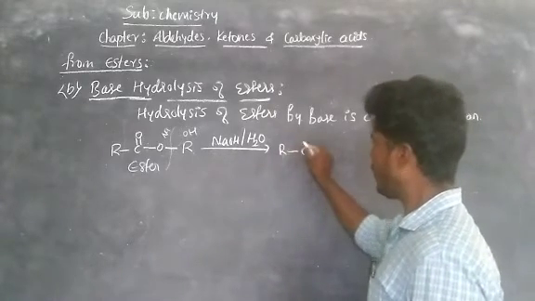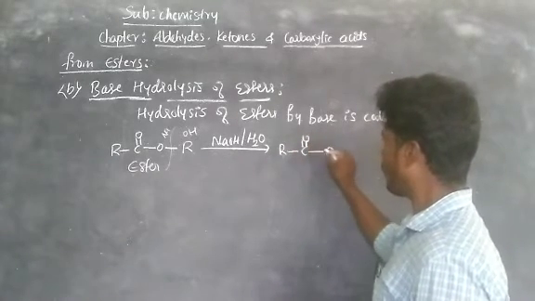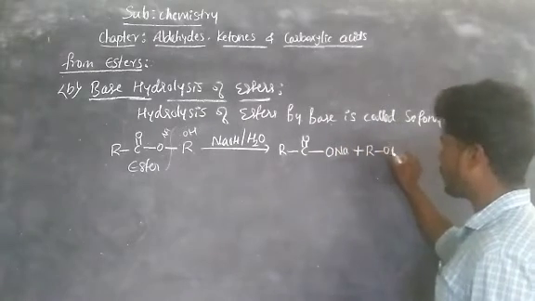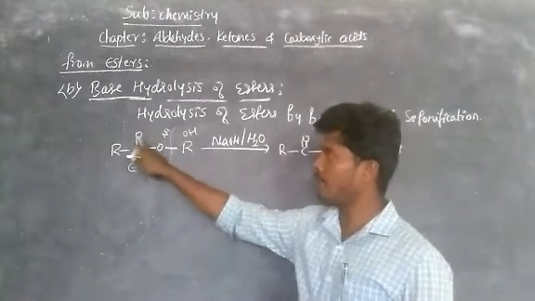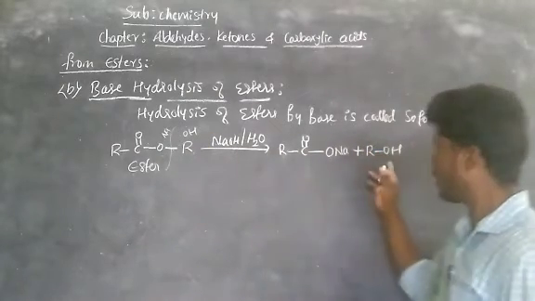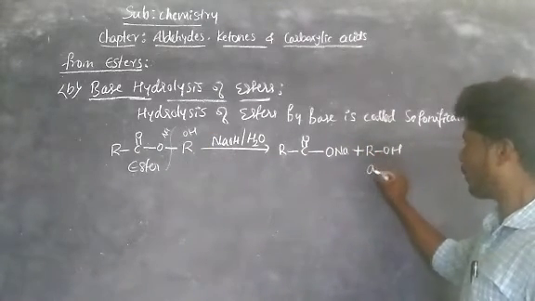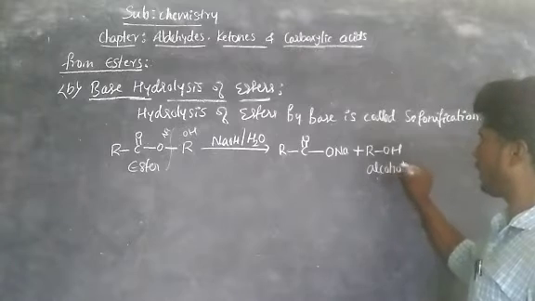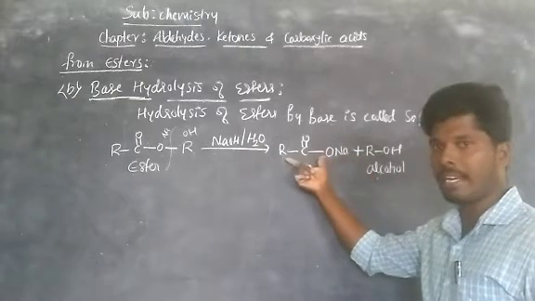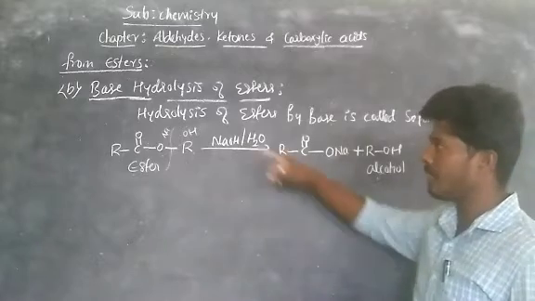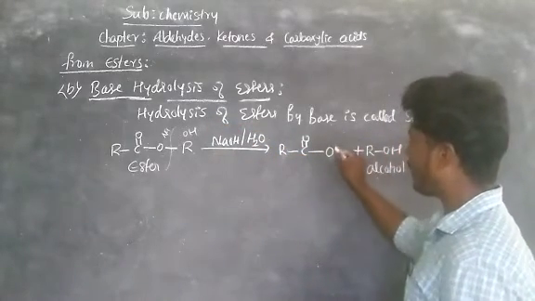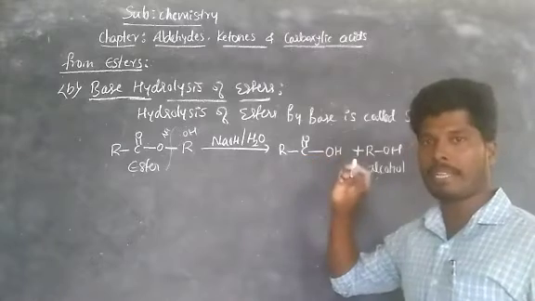R, C double bond O, O Na plus, and R OH. R C double bond O Na is here, and R OH is here. What is its name? Alcohol. And what do we call this one? Sodium carboxylate. In the previous case, acid hydrolysis, in place of sodium you get H directly, which we call carboxylic acid.